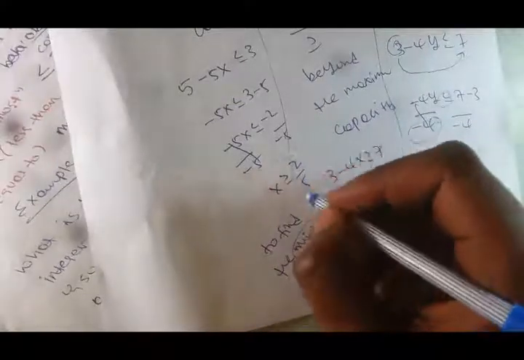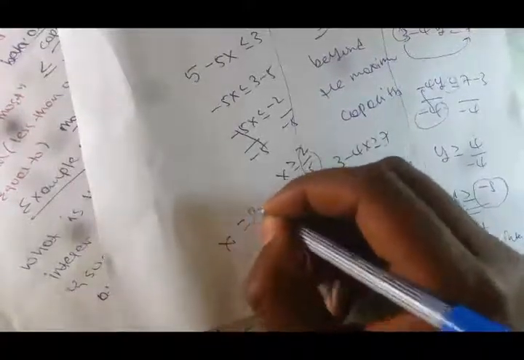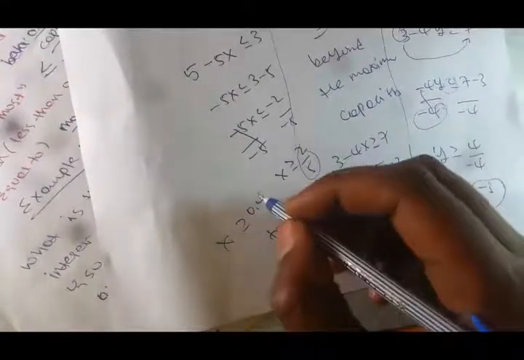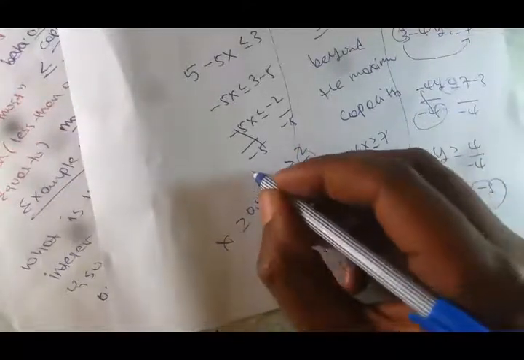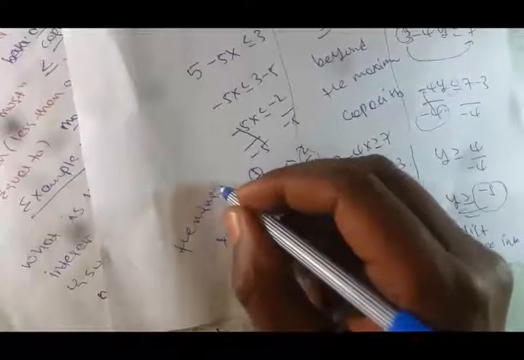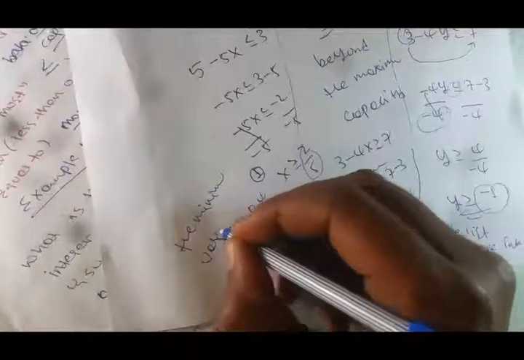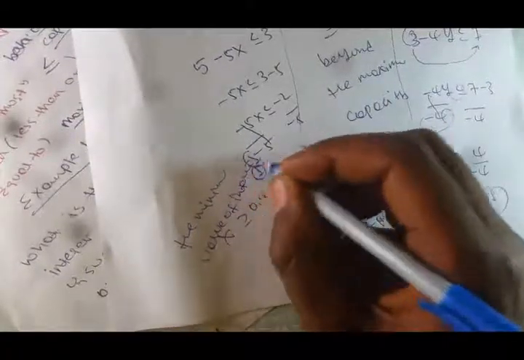Therefore when we change 2 over 3 into a decimal, x must be greater than or equal to 0.67. Therefore after that the first integer will be 1. Therefore the minimum value of integer will be 1.